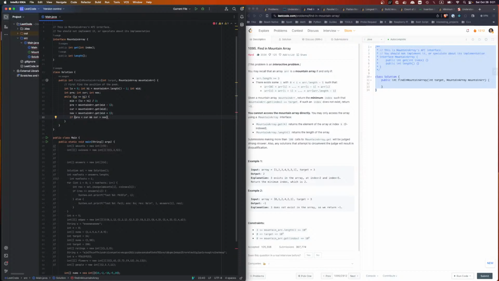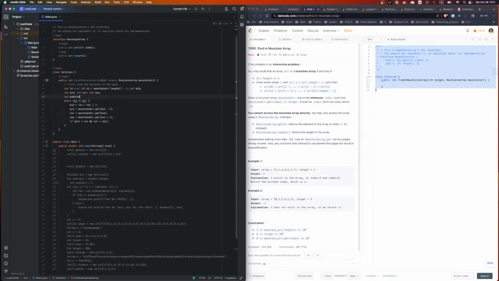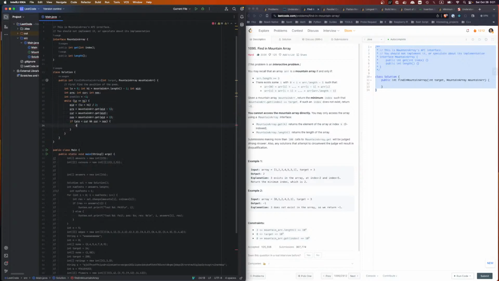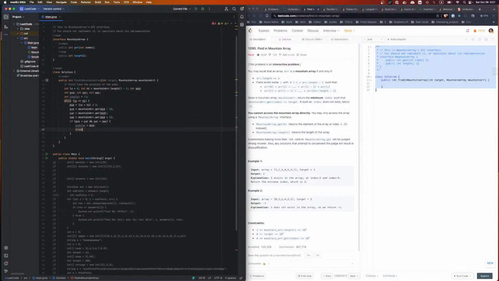So we need peak index equal to -1, and then we say peak index equal to mid and break.